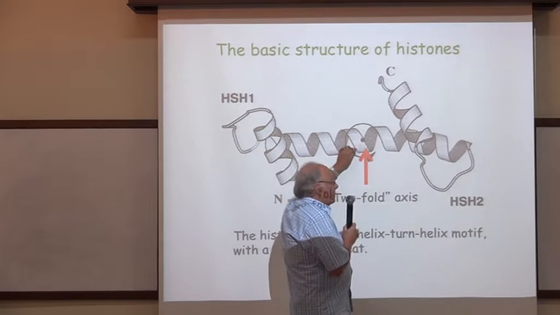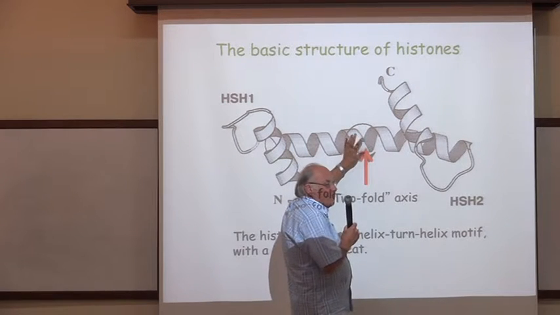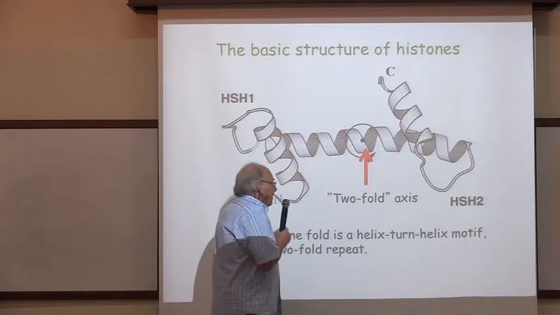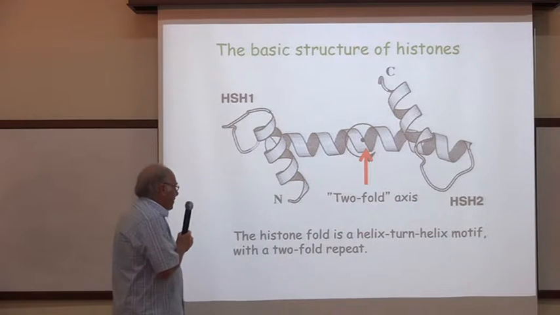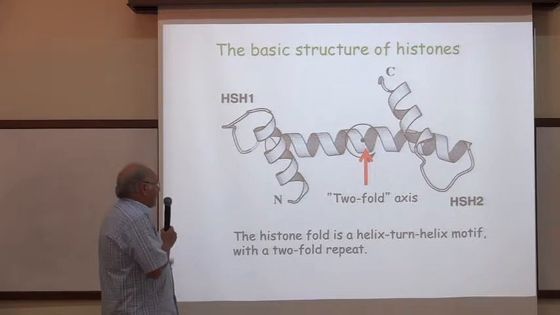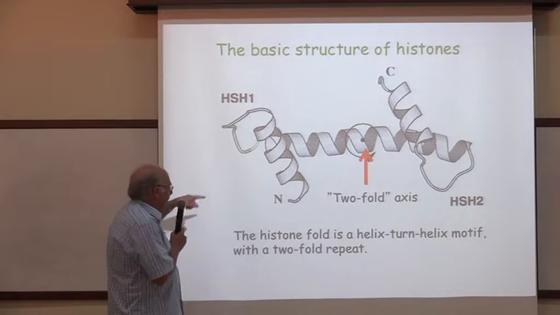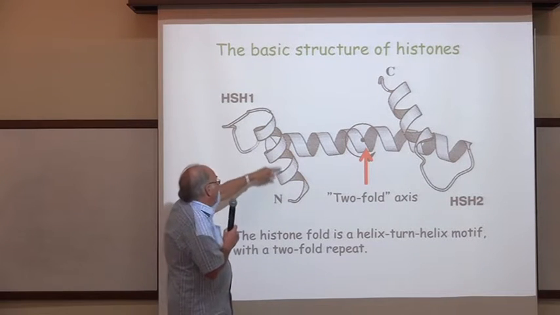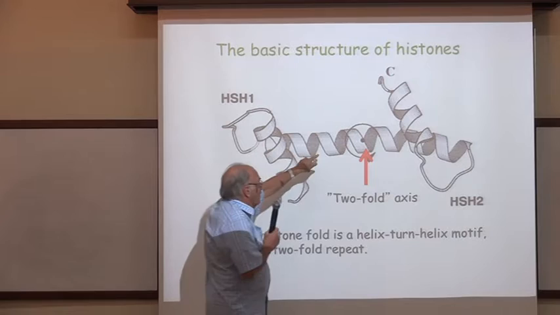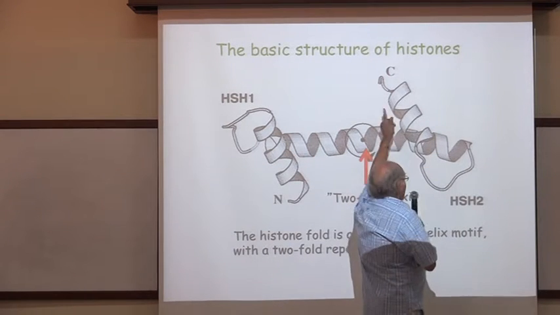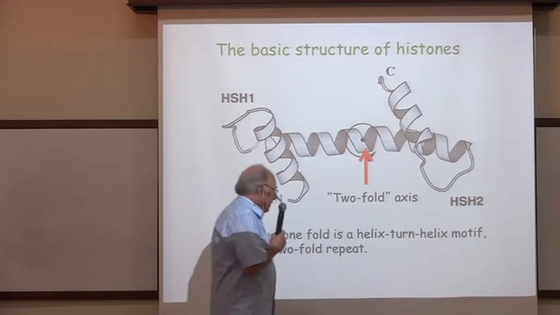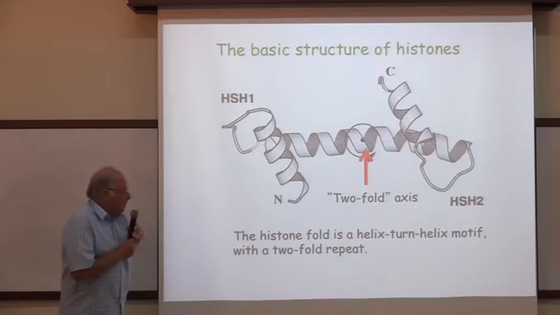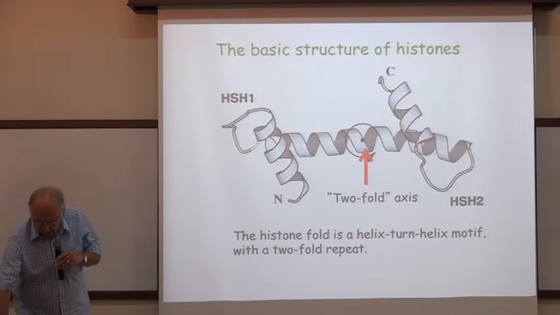Carboxyl end is there. So it's just a virtual type of symmetry. So one calls this type of fold helix, turn, helix, helix, turn, helix, this type of motif. And it has a twofold repeat.